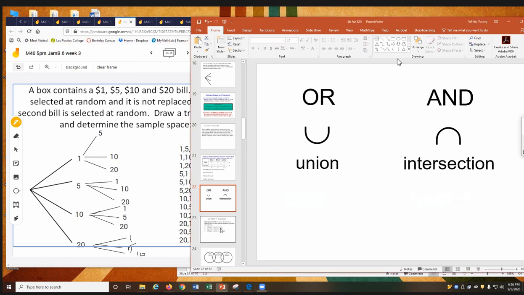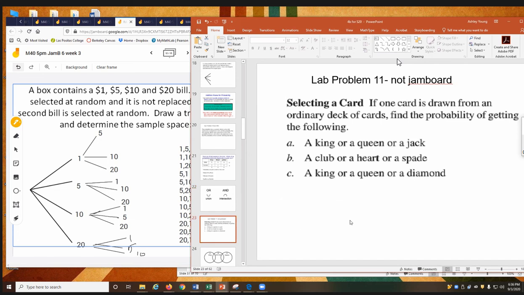So then next, I want you guys to do lab problem 11. It's not on a Jamboard, so I want you individually, or if you want to be in your breakout rooms, I'll let you talk about it, but I don't have the Jamboard up for it. You know what, we're not going to take the time to do that. We're just going to jump into it. So a king or a queen or a jack.